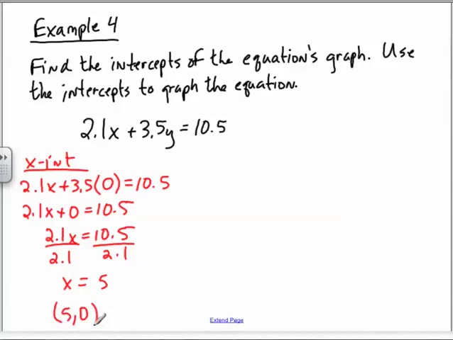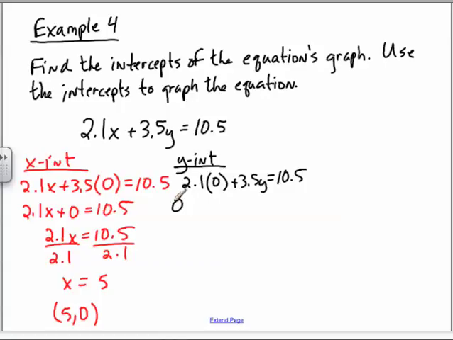I'm going to do the y-intercept in black. How about that? That's new. And I'm going to make the x 0. So 2.1 times 0 plus 3.5y is equal to 10.5.